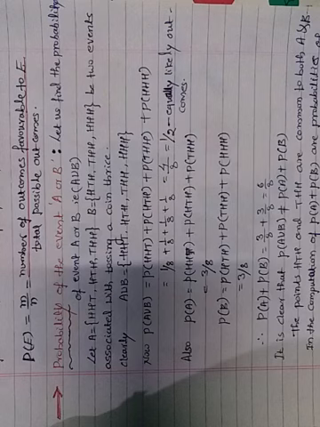And the next, third concept in the axiomatic approach of probability is the probability of the event A or B. What is that?